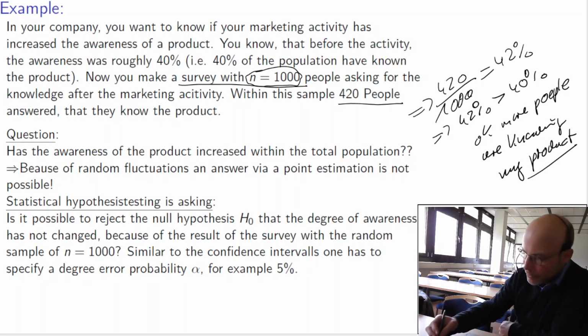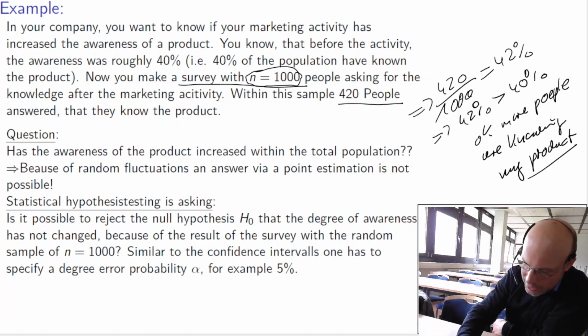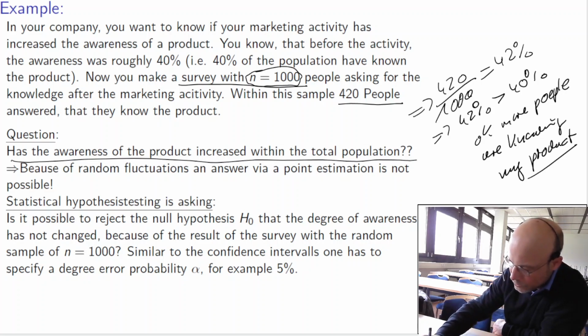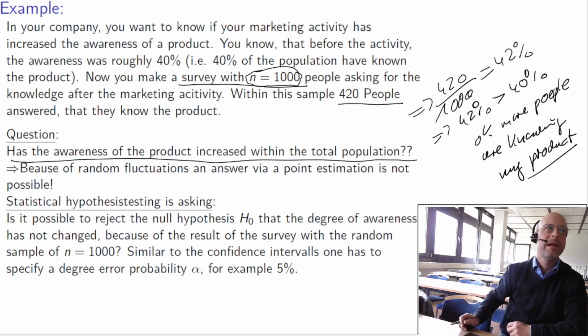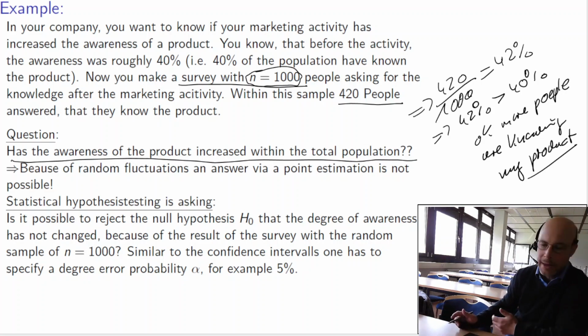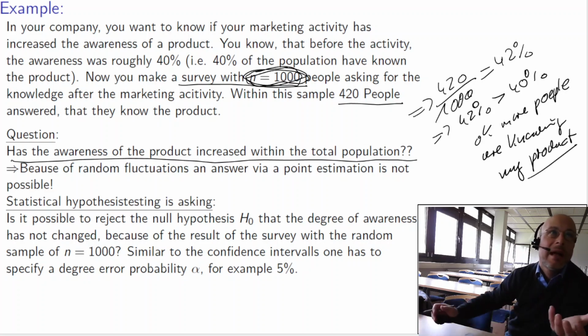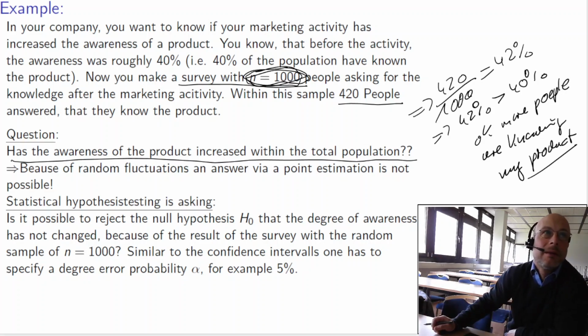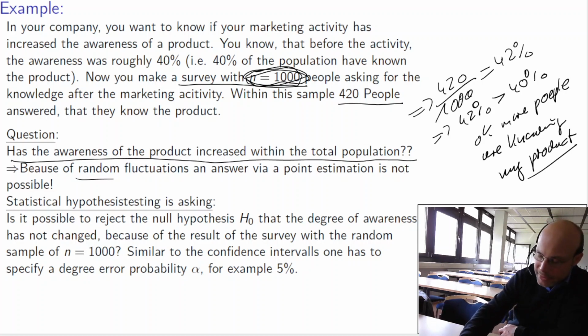So from this, we cannot answer the question, has the awareness of the product increased within the total population? Why? Because these are specific people, and other 1,000 people can answer in another way. And in general, we will have random fluctuations in our random sample statistic.